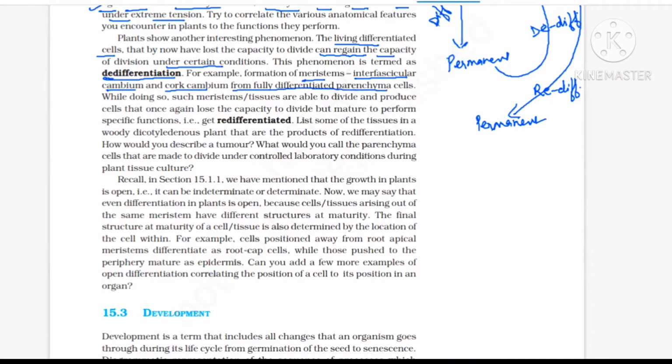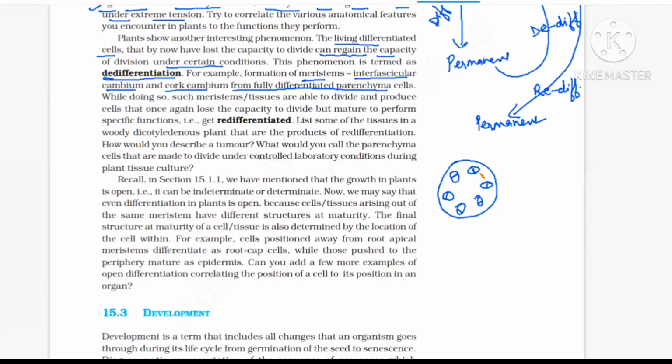So now see one thing, beta. This is your dicot stem, pericycle, I am drawing it. And this is your vascular bundle, which is conjoint, collateral, and open. Open means cambium is present. Understood? Now the cells of the medullary rays will go for de-differentiation to form interfascicular cambium.